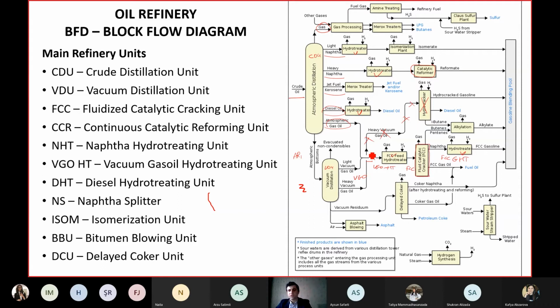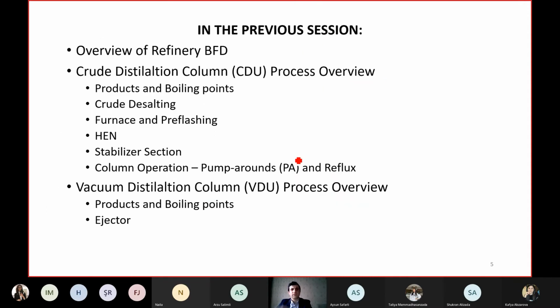So today we will talk about the vacuum distillation unit, fluid catalytic cracking, continuous catalytic reformer, and hydrotreating units. In the previous session, we talked about the CDU, crude desalting, heat exchanger network, and stabilizer section. Today we will continue with the vacuum distillation column and other units.